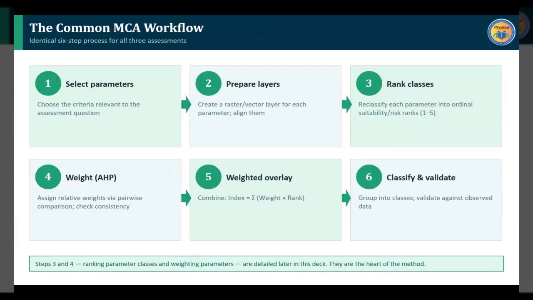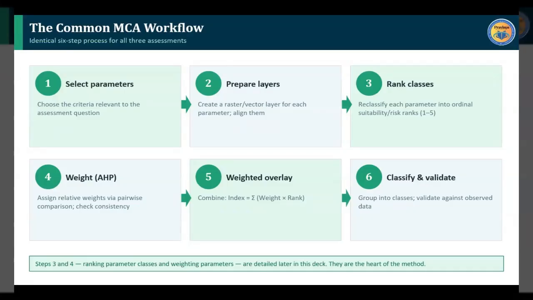Let me give you a quick roadmap of this hour so you can know where we are headed. We will spend the first 10 minutes or a little more on the big idea, why we combine many factors instead of just one, and what the common engine looks like.